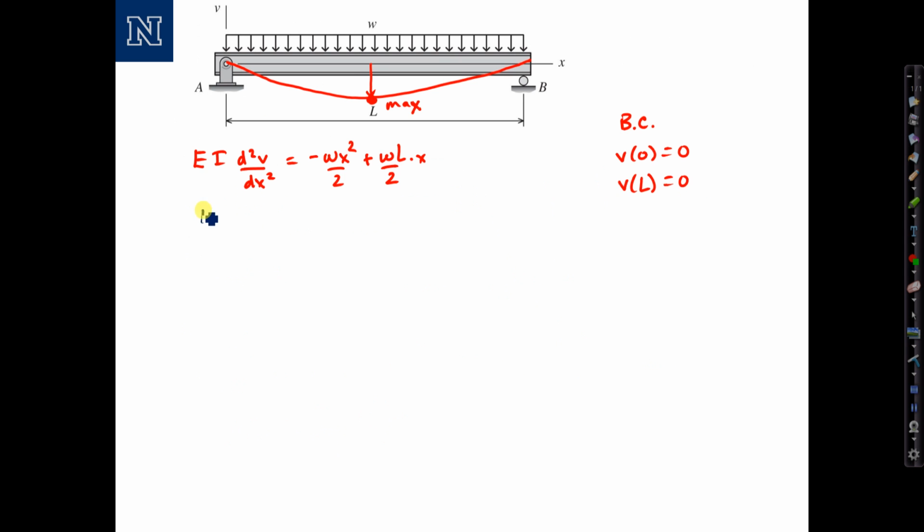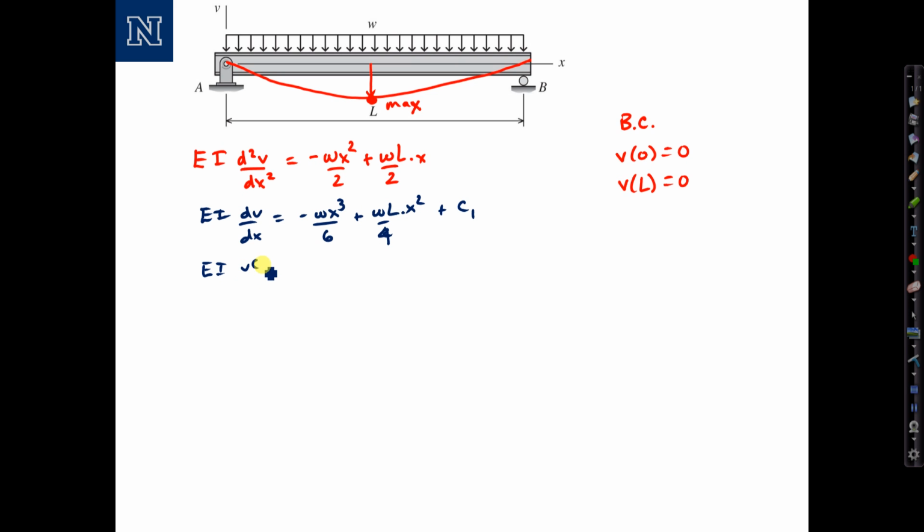Let's integrate once. EI dv by dx equals negative wx cubed over 2 times 3, which is 6, plus wL over 2 times x squared over 2, so that's 4, plus a constant of integration, which I'll call C1. Let me integrate a second time.